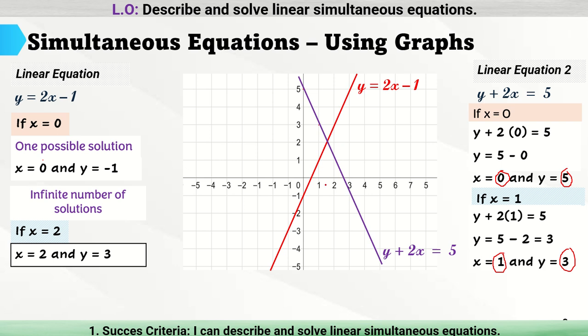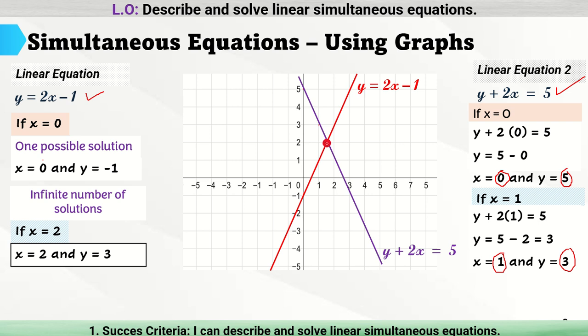What is a simultaneous equation? The two lines will cross or intersect each other at this point, right? Which means that at this point the value of x and the value of y will be true for both of these two equations, this equation and this equation. So this is the definition of simultaneous equations.